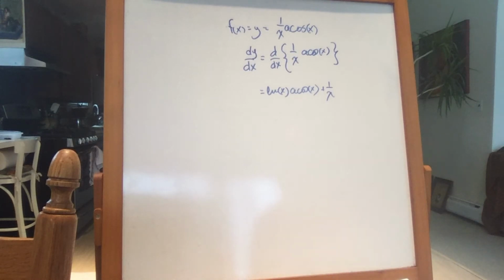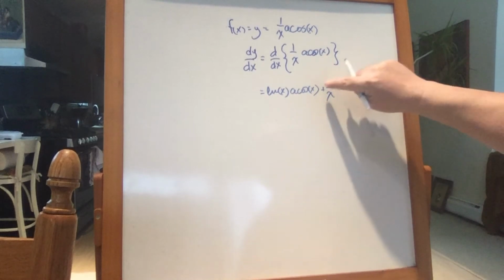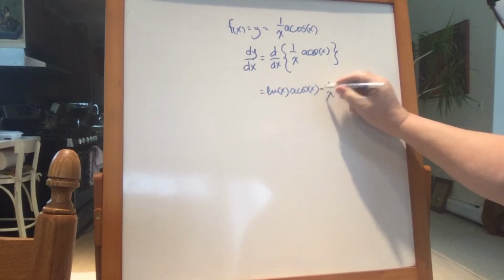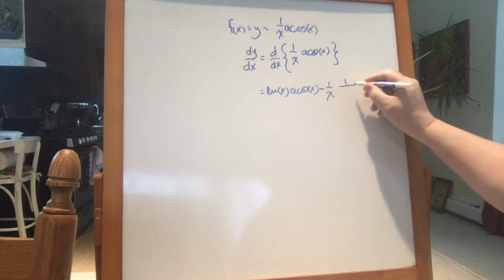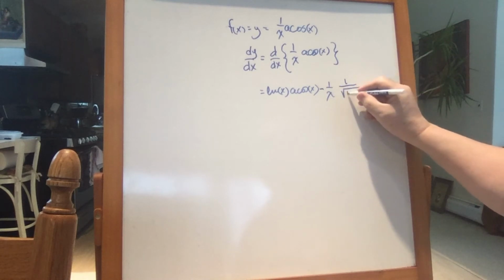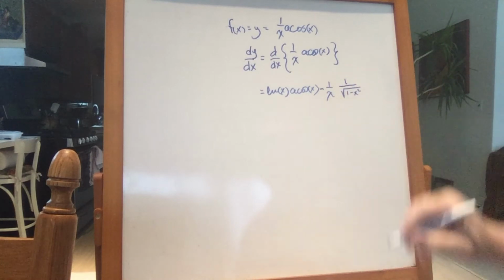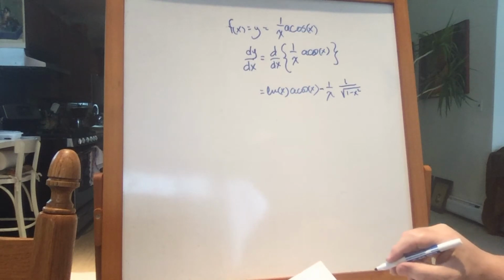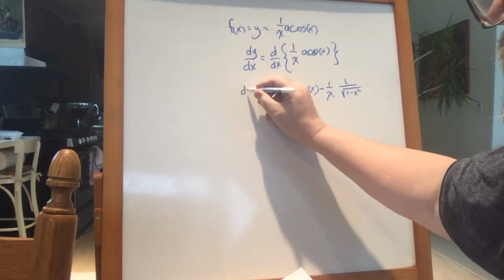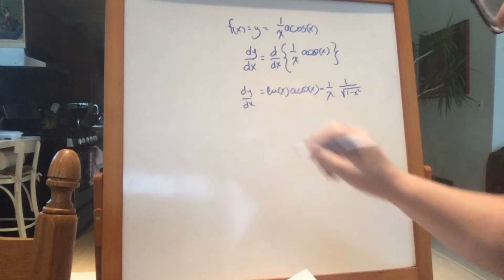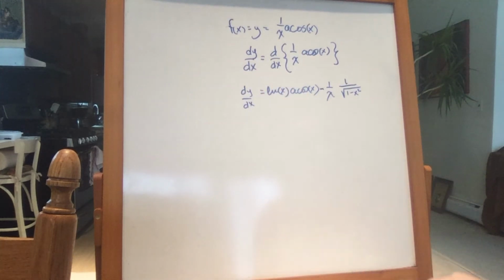Yeah, times, we gotta make that a minus sign, 1 over square root of 1 minus x squared. And that's dy/dx. Not so bad yet.